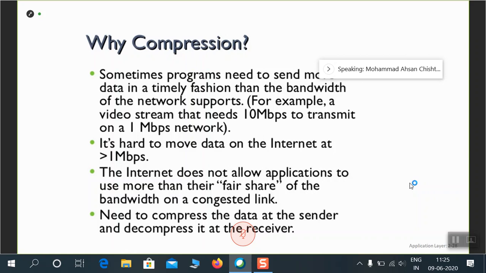So sometimes your programs need to send more data in a timely fashion, but we do not have that much bandwidth that can be supported. Like for example, when you see a live stream, okay. Now, if two of you are watching a cricket match online, let's take an example of a session here.